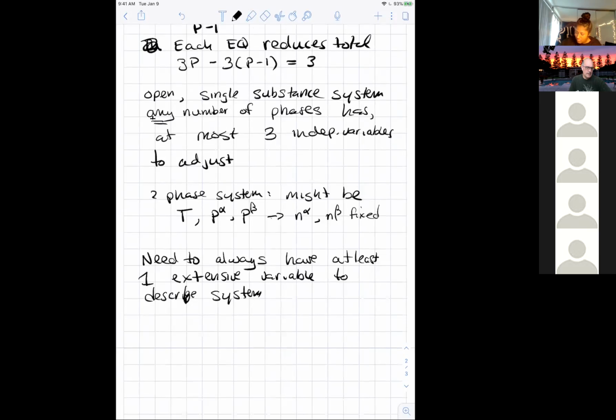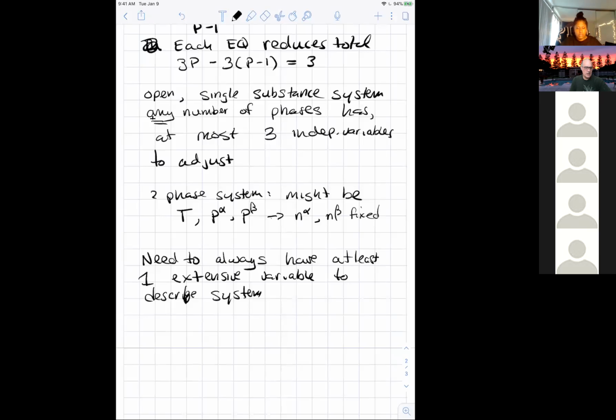So if we think about temperature, which is an intensive variable, and pressure, which is an intensive variable, and density, well, we can't simultaneously fix the density and the pressure without allowing the volume to change.